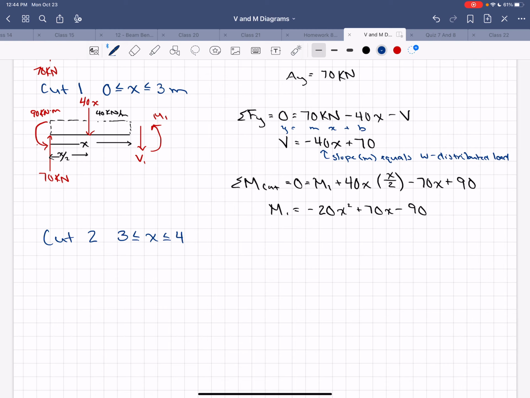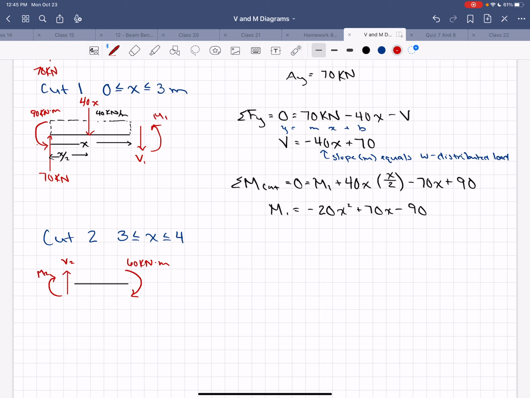So here we have our beam, and we have an applied moment in the negative direction of 60 kilonewton meters. Then positive sign convention: this is V2 going up, and the moment is going to be negative M2.